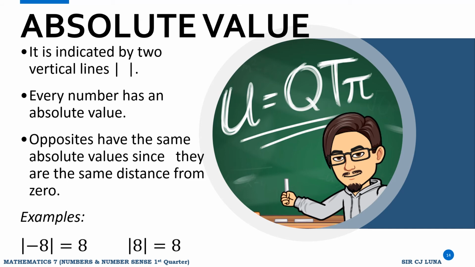Sila ay parehong positive 8. So, ang absolute value ng negative 8 ay positive 8. Ganun din ang absolute value ng positive 8. 8 din siya. Okay? Kasi nga, anong dahilan? Very good. We are talking about the distance. So, kapag distance yan, lagi siyang positive. Clear tayo doon? Good.